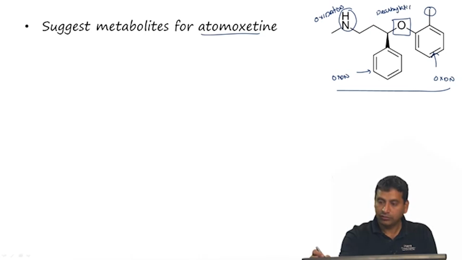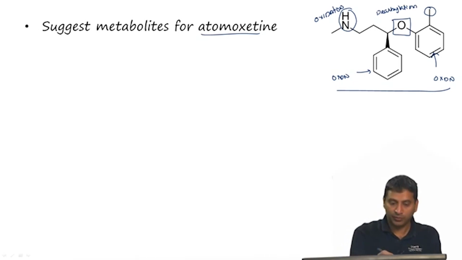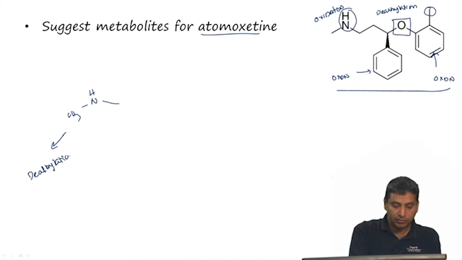So, this is dealkylation, which means that it is going to form a phenol on one side, and you could also have a situation where this NHMe is going to be an important functional group. So, let us draw out this NHMe separately. So, NHMe can undergo dealkylation. So, the methyl group can be removed.